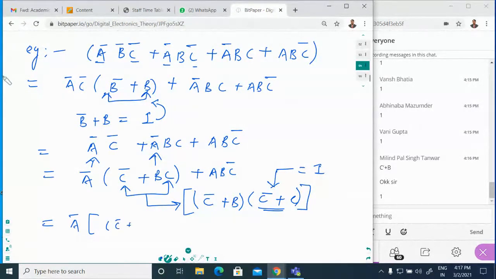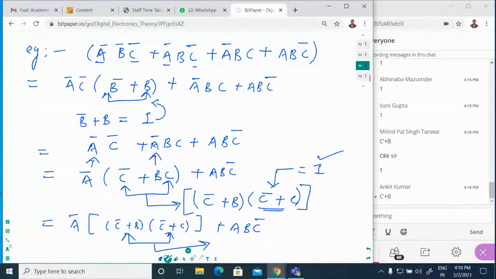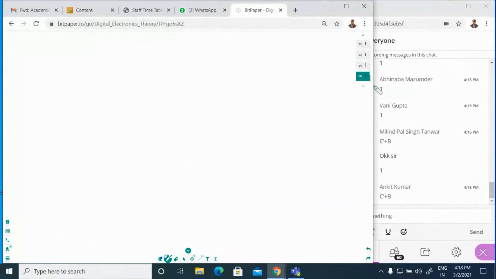So C bar plus B, then C bar plus C, then plus A, B, and C bar is C bar plus B. Yes, you are right. Its output is C bar plus B. So this A bar can be represented by B plus C bar, then plus A, B, and C bar.